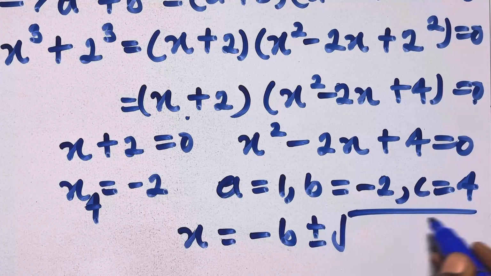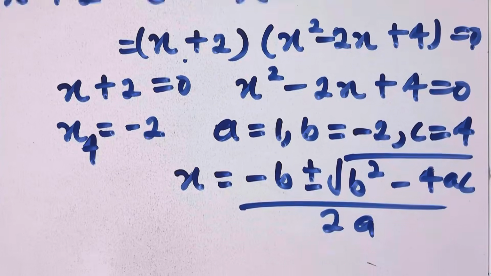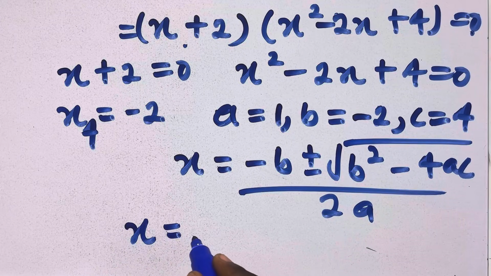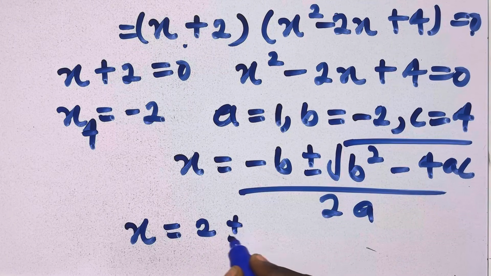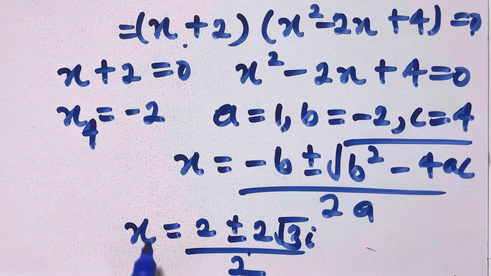If you substitute that into the quadratic formula, minus b plus or minus square root of b squared minus 4ac divided by 2a, the answer you are going to get will be x equals 2 plus or minus 2 root 3i divided by 2. Alright, so this is what we got.